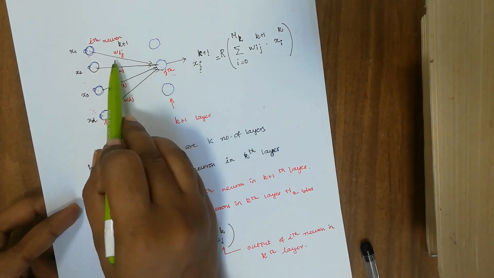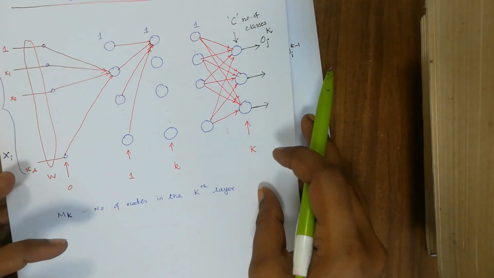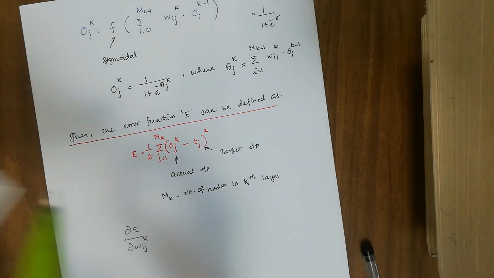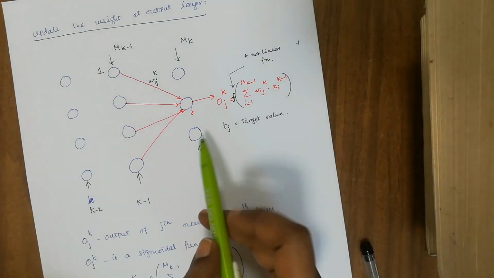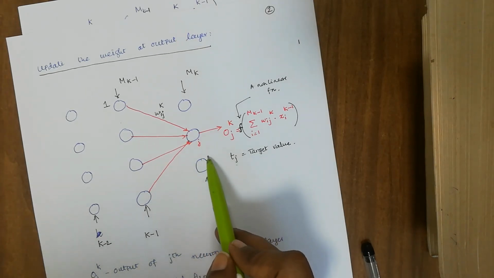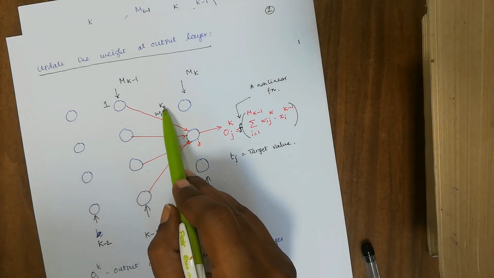So from where is it connecting? Here it is the K plus 1th layer. Since we are discussing, look at this diagram, the weight updation rule between the output layer and the previous layer, wij capital K.